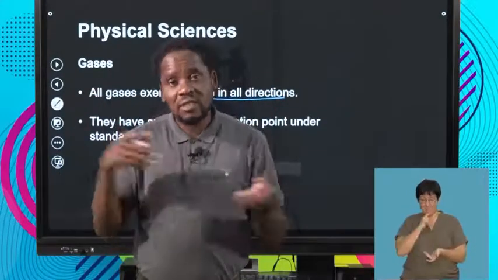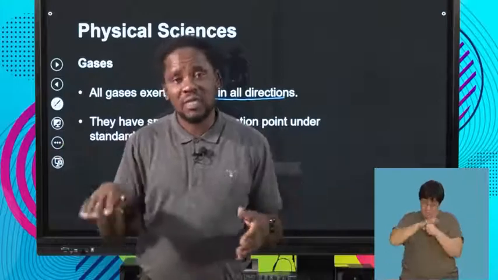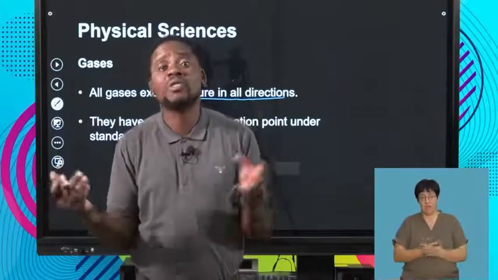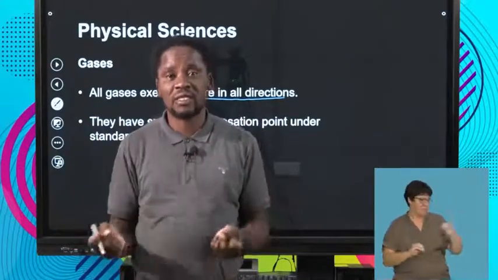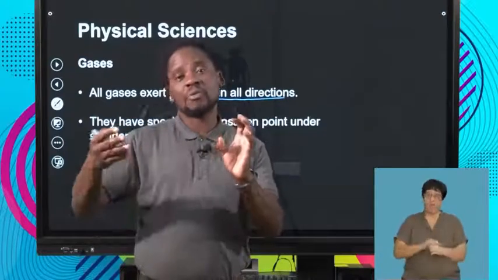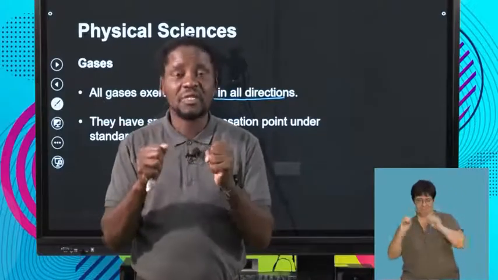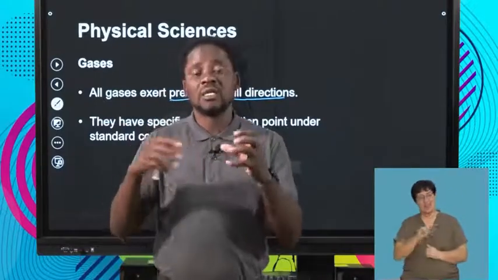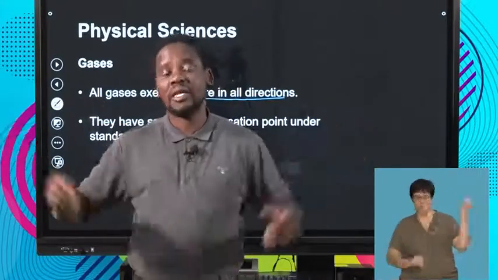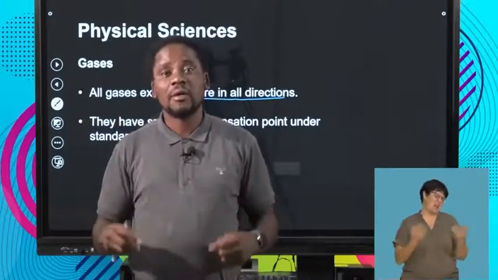So the faster these particles move, the greater the pressure. And it has a lot to do with the energy of movement of these particles. But remember, all this is possible because there are weaker forces that exist between the particles of a gas. As a result, there is a greater extent of movement, and there are a lot of spaces in between these particles, right?